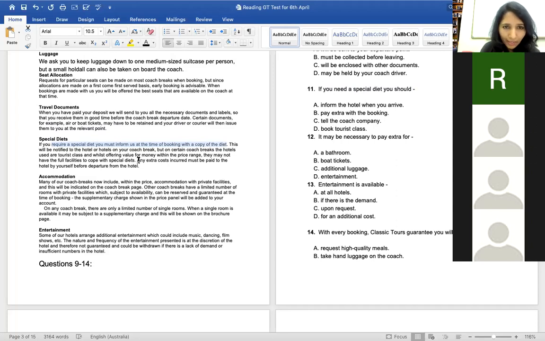Any extra costs incurred must be paid to the hotel by yourself before departure from the hotel. So inform the hotel, no, not when you arrive. Pay extra with the booking? No. But we should tell the coach company, right? You must inform us, which means we should tell the coach company at the time of booking.